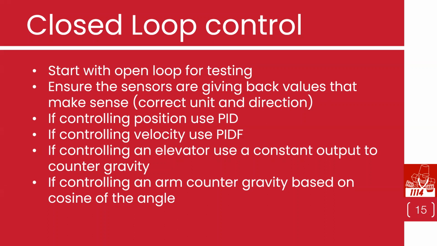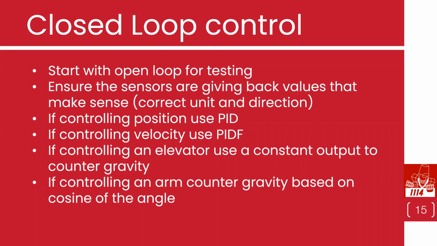Now that 25% might not be the exact RPM you want. If your battery's low or if you have a really good battery, 25% could be more or less. So you use PID to make up that difference. Instead of PID being the whole thing, you're doing it output based, and PID just helps correct any of those errors. For velocity control, like on the shooter, that's what we used.